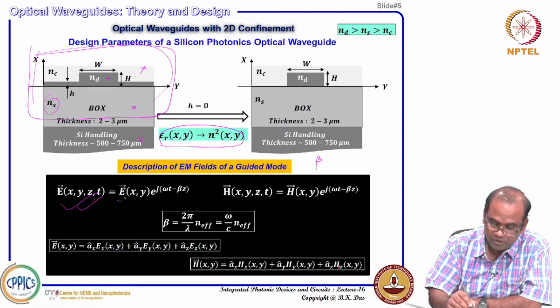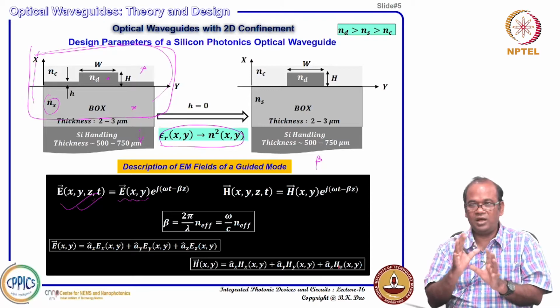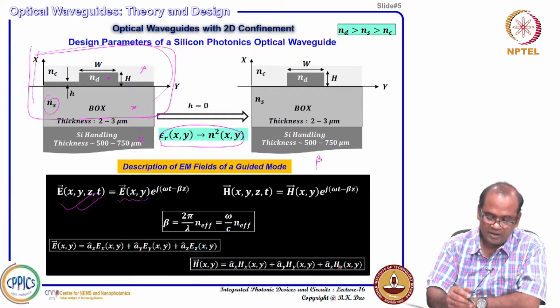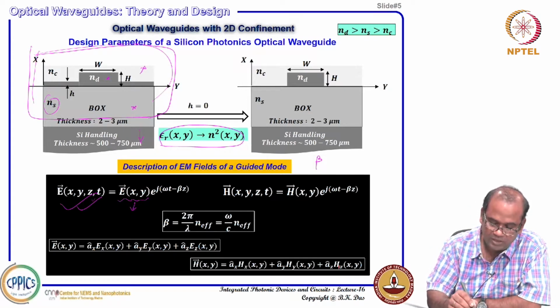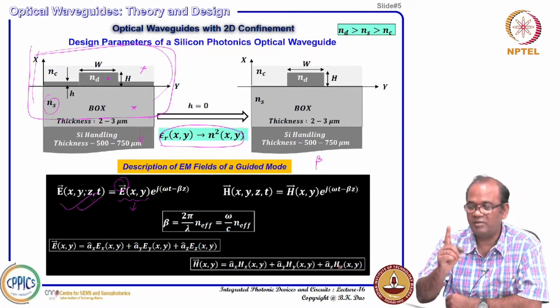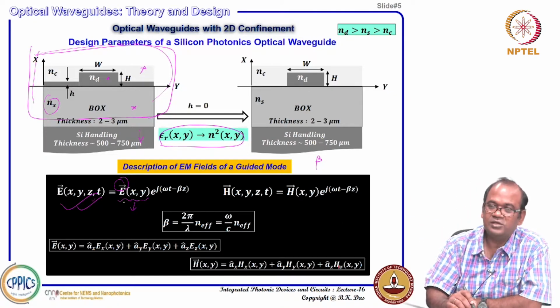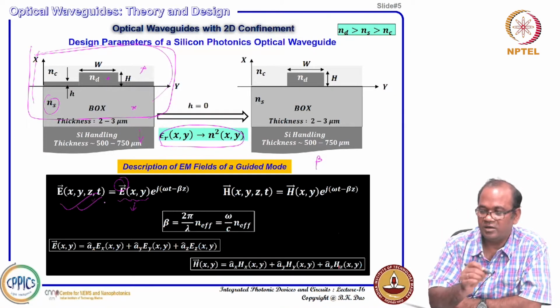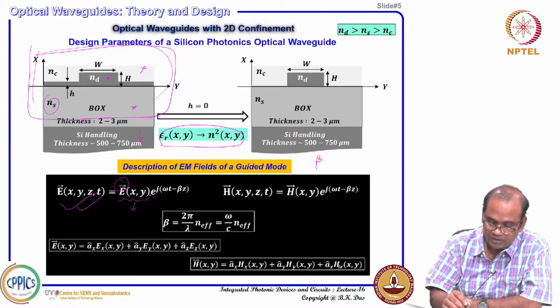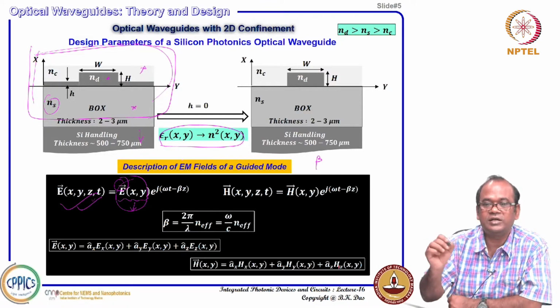We can say that this pattern, the x direction and y direction confinement, will give you a certain kind of pattern. That pattern function is this one. Along with that, I put a vector, because the electric field can have different directions from position to position, right. At every point I just mention how the electric field is there at that particular point, and that pattern will be invariant along the z axis.